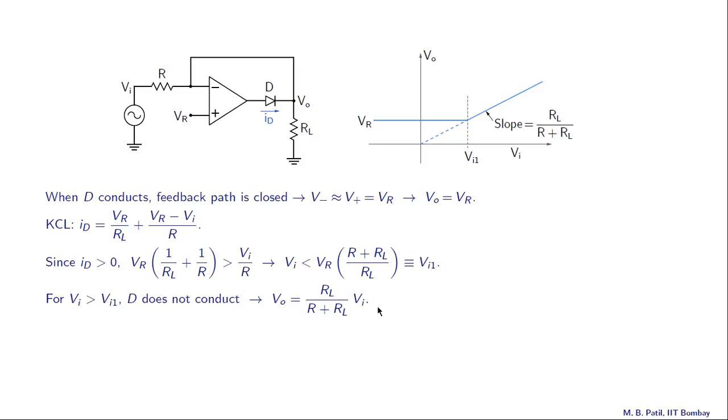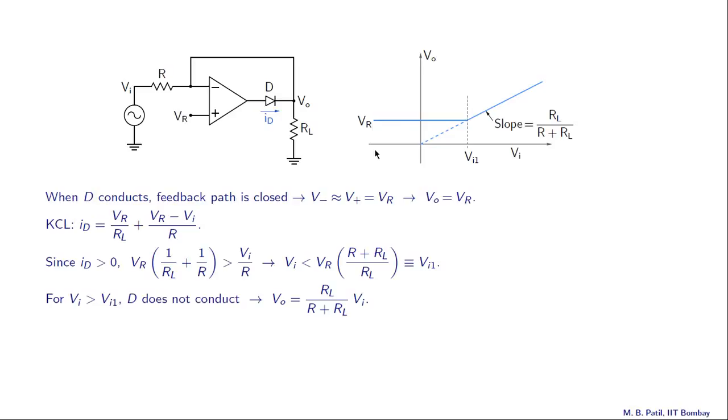And here is the plot of Vo versus Vi. This axis is Vo, this axis is Vi, and this value here is Vi1. When Vi is less than Vi1, that means this region, Vo is constant and equal to VR, like that.